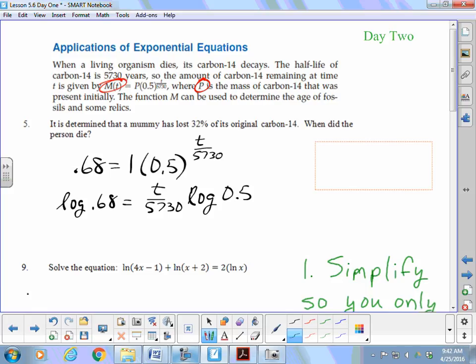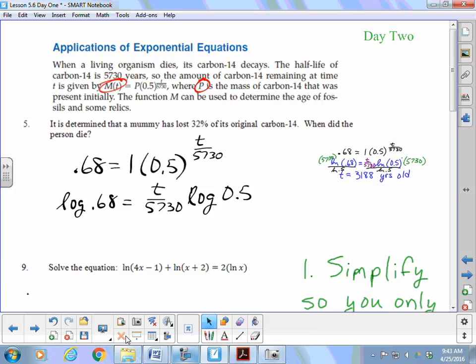All right, so we move the t over 5,730 into the front, and we get, so we're going to divide by the log of 0.5 and multiply by 5,730. And you should get that that person is approximately 3,188 years old.